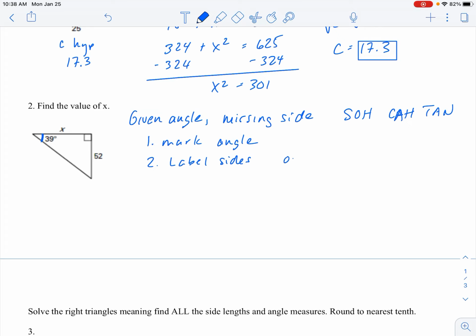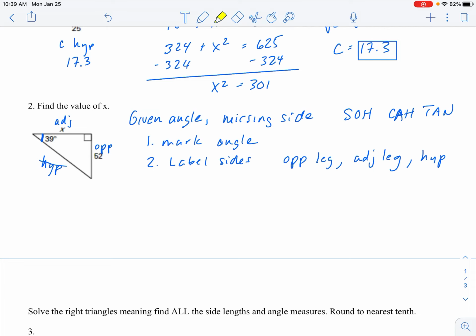The sides are opposite leg, adjacent leg, and hypotenuse. The hypotenuse is always across from the right angle. It's the longest side. So there's my hypotenuse. And that's actually not labeled, so I'm not going to use it in this question. The opposite side or opposite leg is across from the angle, and the adjacent side is next to the angle.